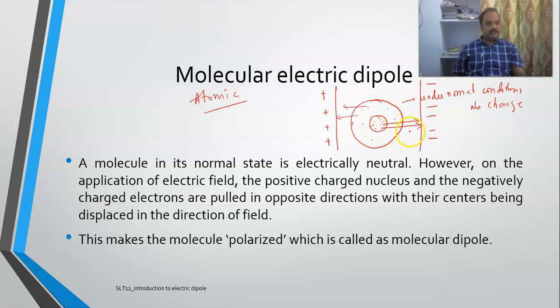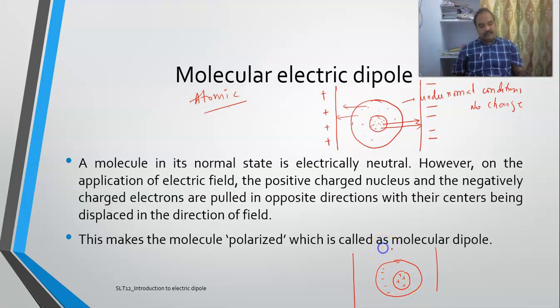So I assume that the electrons are coming in this direction. Here the center of mass of both the electrons and protons was the same, but now the center of mass may be different for the electron cloud and the nucleus.